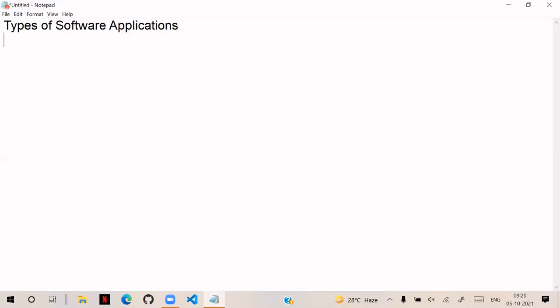Actually, in software technologies, we have different types of applications. Number one, we have desktop applications. What are they? I will explain. We have web applications. We have distributed applications.